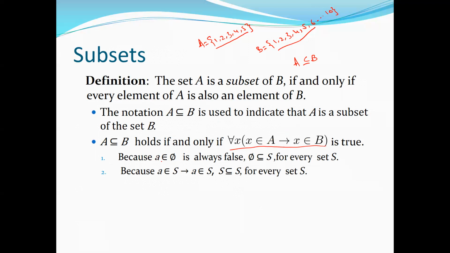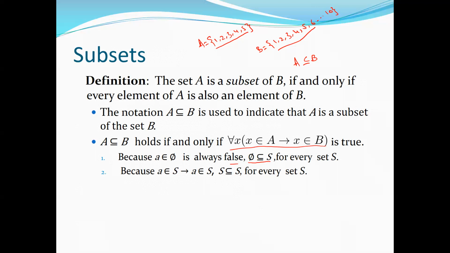Because A being an element of the empty set is always false, right? In an empty set there is not a single element, so A belongs to the empty set is always false. That's why we can say that the empty set is a subset of S. So actually the empty set is a subset of every set, every possible set.